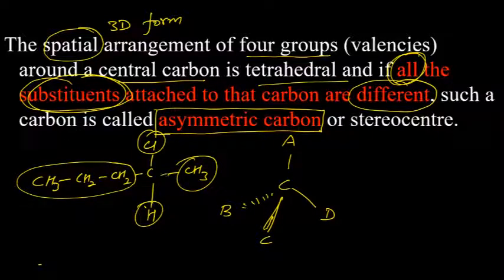So this carbon, which has all four different attached substituents, is known as asymmetric carbon. Means it is not symmetrical, it is asymmetric. It has all different attached substituent groups. So first you need to understand what is asymmetric carbon, what is symmetric carbon. The concept is very easy. Asymmetric carbon means that carbon has all the four substituents different.